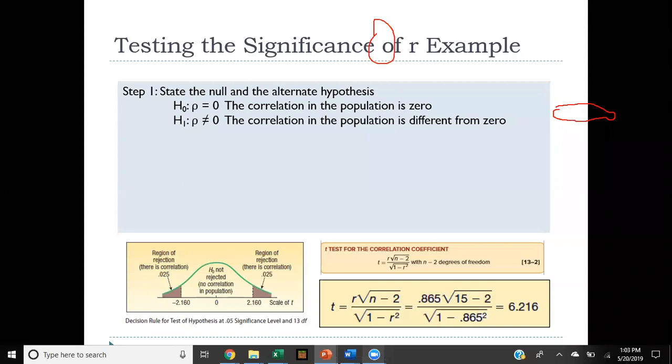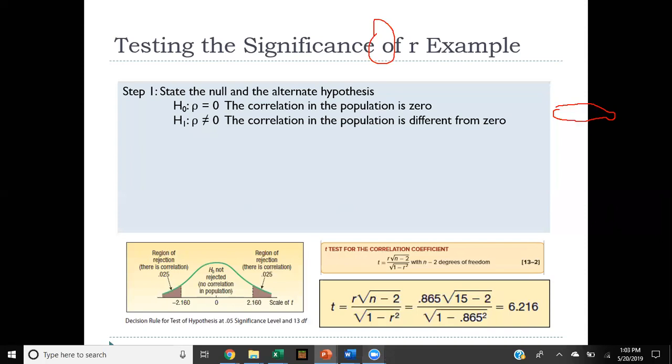So if you're trying to figure out how to write this down, remember that your null hypothesis will always have an equal sign in it. Okay, so what we really want to know is whether there's a difference in the correlation in the population. So your null here is that the correlation in the population is 0. Okay, meaning that the correlation that we've gotten from our sample almost exactly equals the correlation in the population. Okay, and the alternative to that is that the correlation in the population is different from 0.